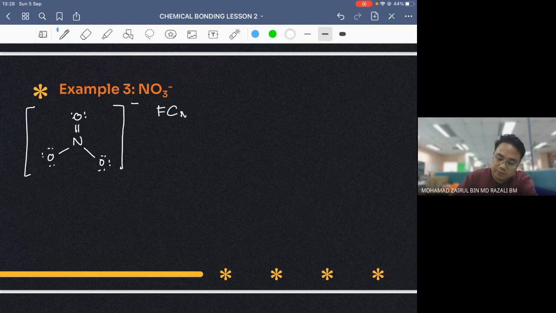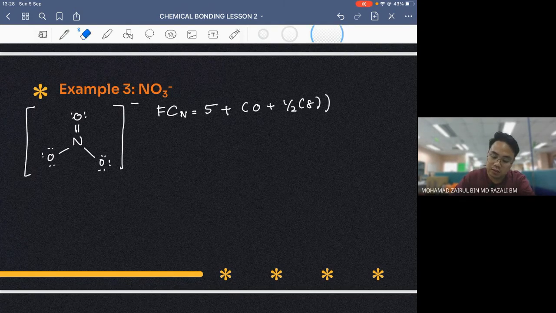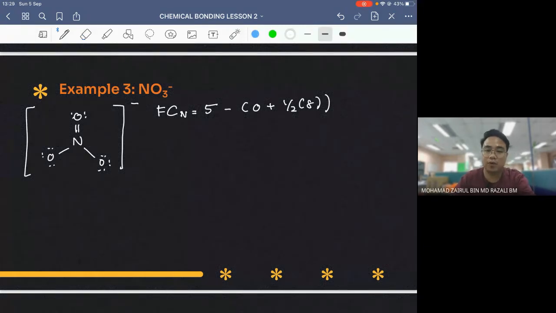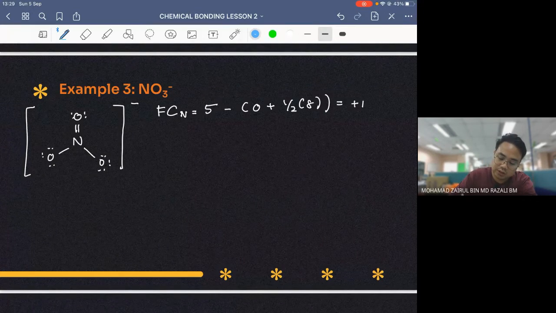Nitrogen 5 valence electron, lone pair 0, plus we have 4 bonds surrounding the nitrogen. We need to multiply by 2, so 8 electrons, half of it is 4. Sorry, this one should be minus. 5 minus 4 is equal to positive 1. So the formal charge on the nitrogen is positive 1.